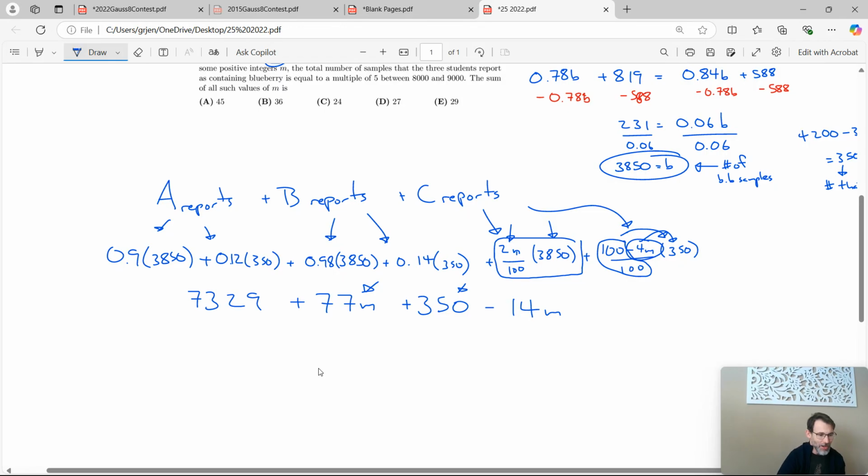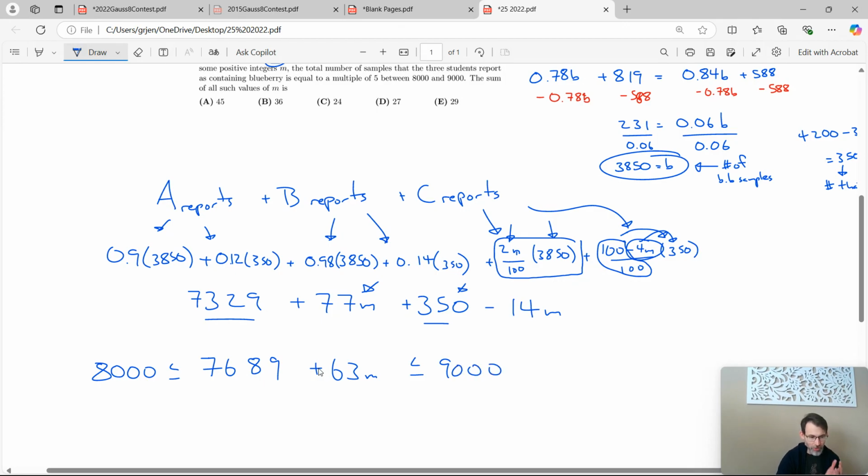So now we can simplify this even further, but we also know that this is greater than or equal to 8,000, which is, well, 7,689, that's this plus this, plus 63m. And that has to be less than or equal to 9,000.